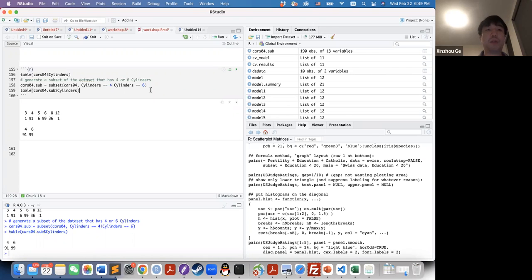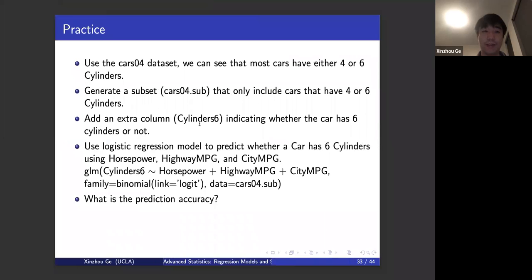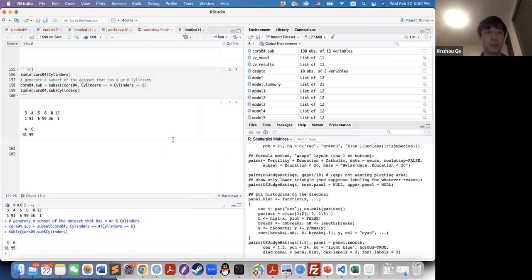And then we want to predict the number of cylinders from the predictors. So for example, we want to use horsepower, highway MPG, and city MPG, these 3 predictors, to predict whether the number of cylinders is 6 or not.